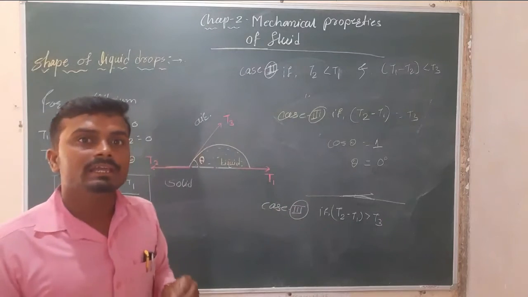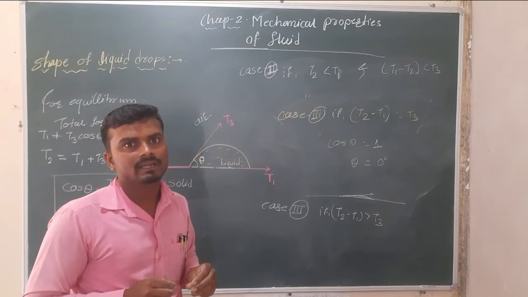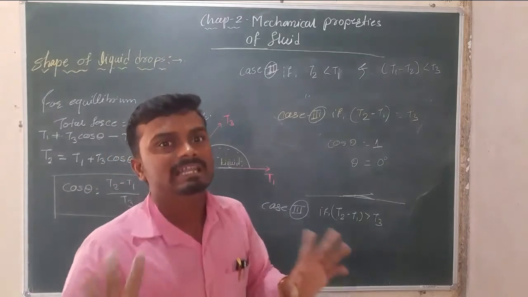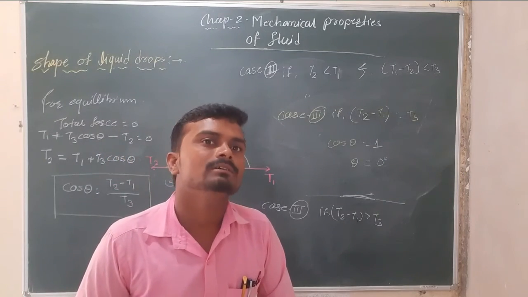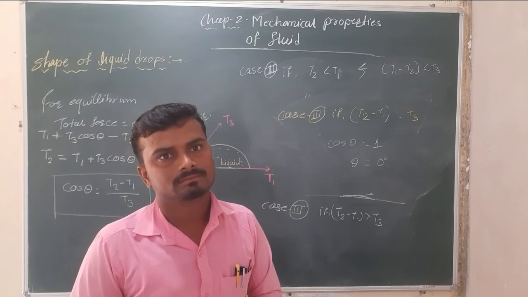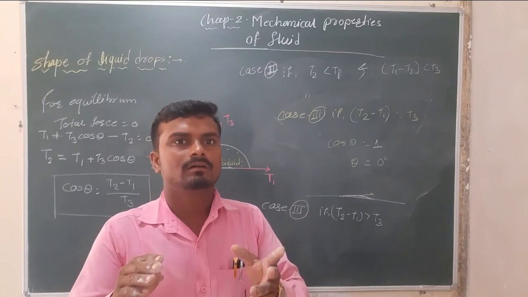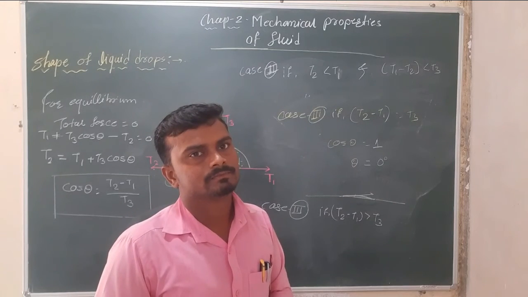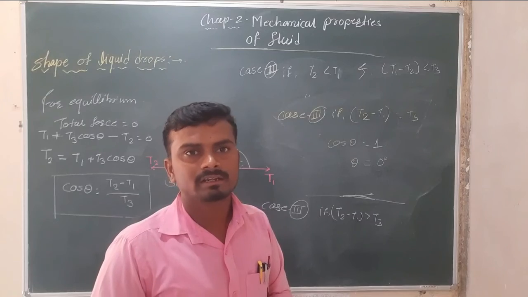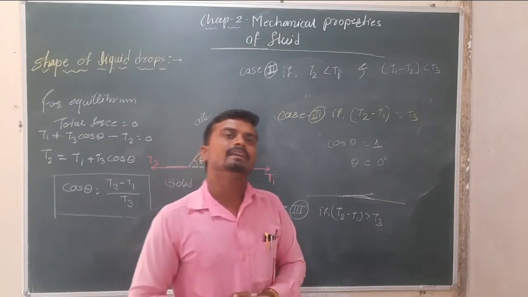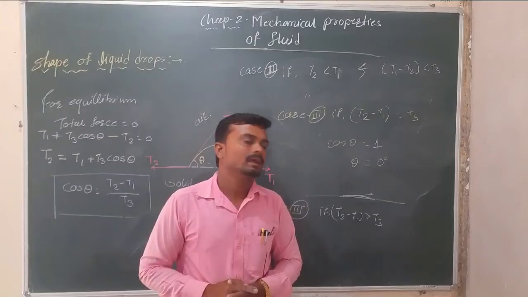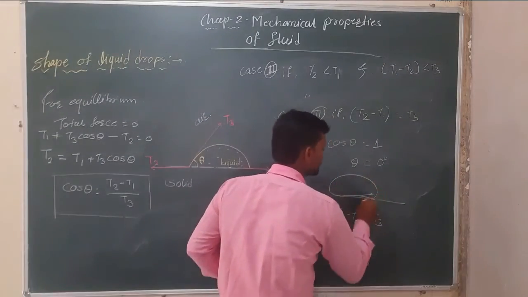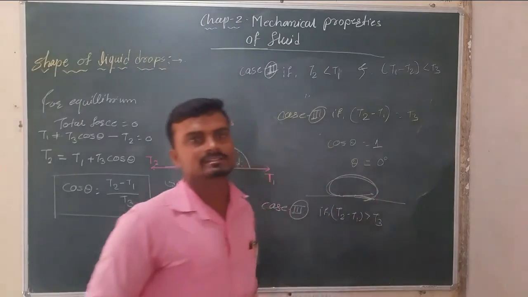In that case, cos of theta is negative but greater than negative 1, theta is greater than 90 degrees, and we get a shape like a mercury drop.